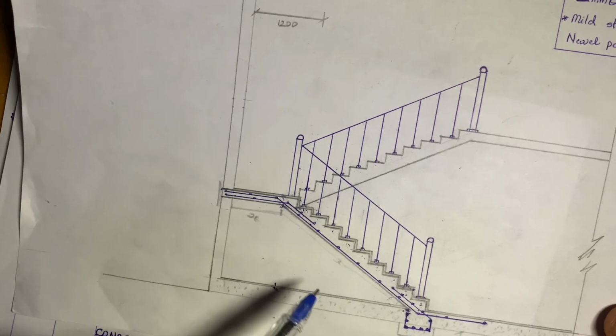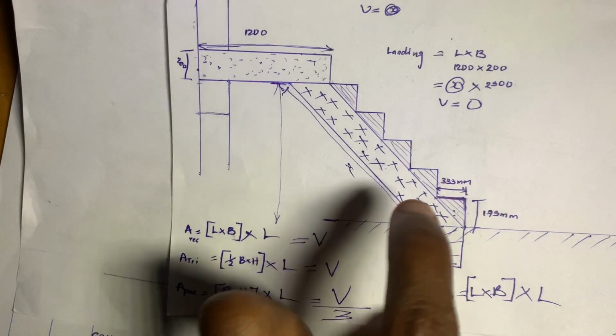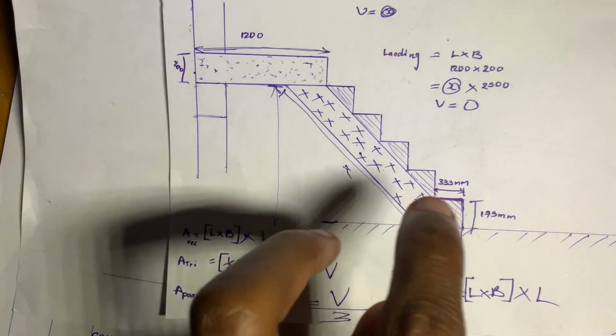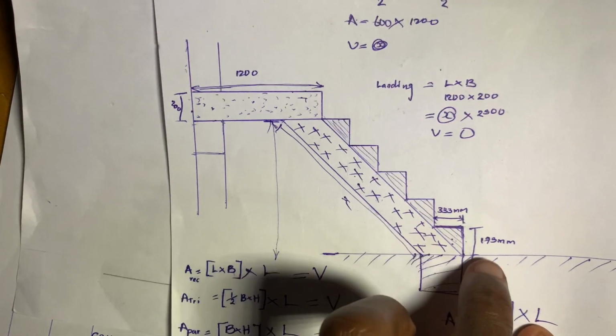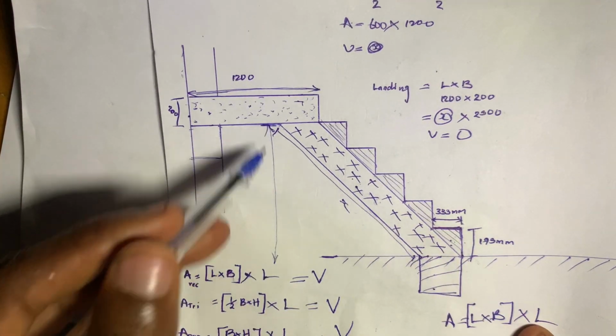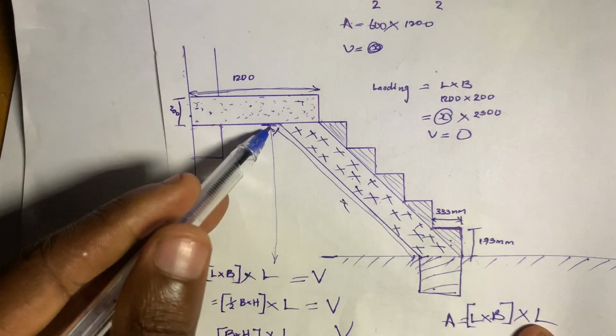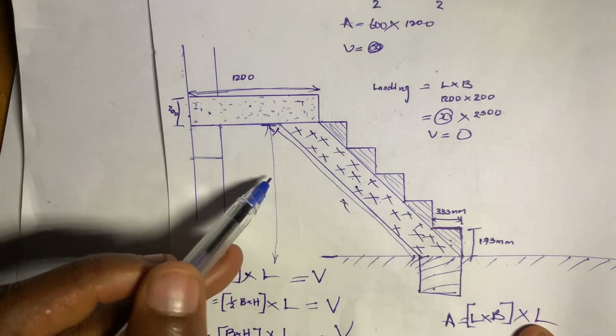Parallelogram, and that's what you have here, a parallelogram, and the area of a parallelogram is what? Base times what? Height. The base would be the thickness of the waist, while the height would be the height of what? The staircase, which we have already looked for.